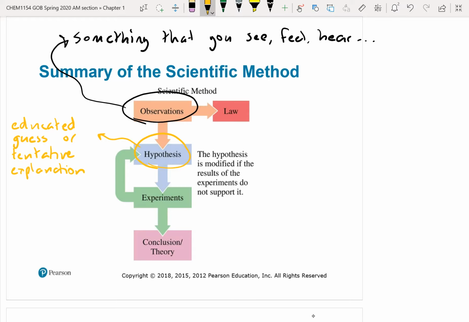We'll go through a simple example of this process here in a second. So based on our observations, things that we see, hear, feel, whatever, we can come up with a tentative explanation to explain that.